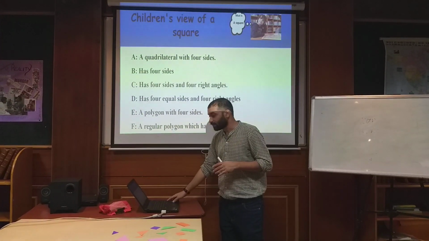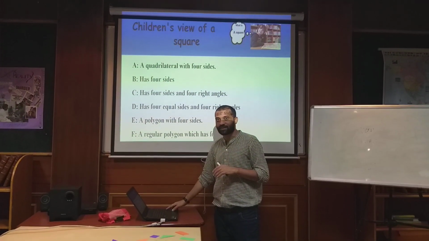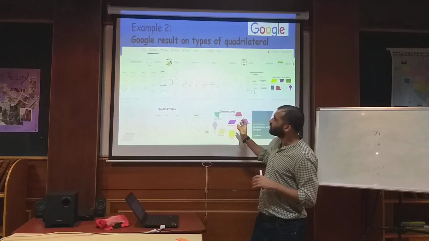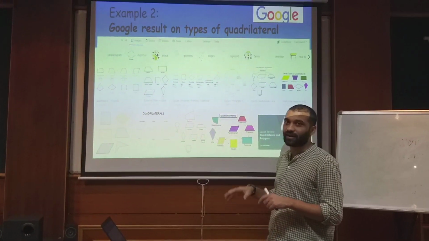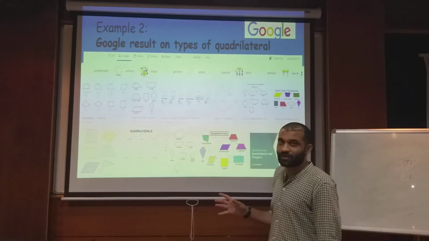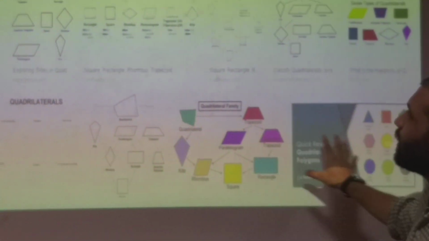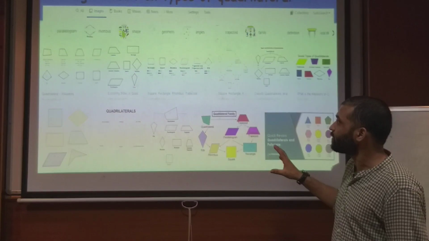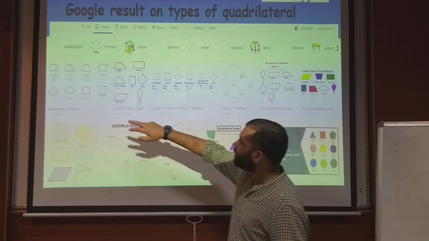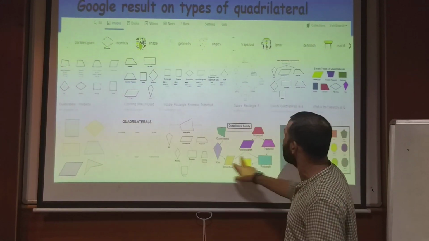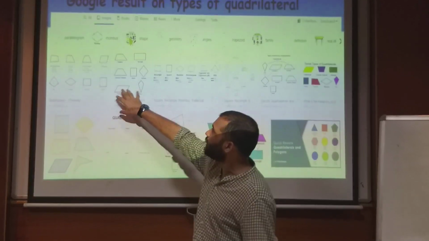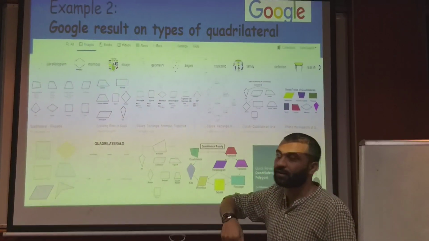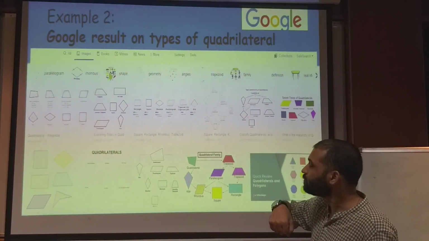I'll take another example. This one is from Google. I was just searching what quadrilaterals are. There were too many pictures, but I actually wanted to capture the screen. So this is the whole first page that I got when I typed types of quadrilaterals. As you can see from this picture all the way up to here, we see only convex polygons.